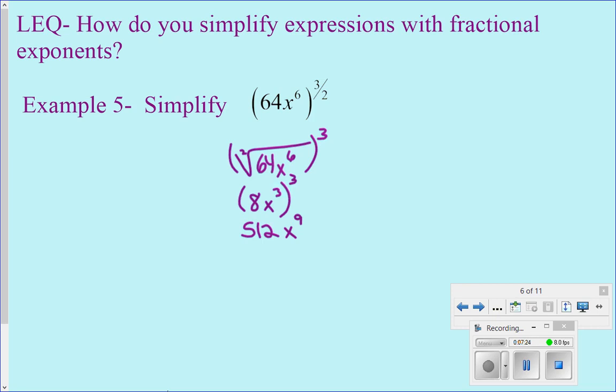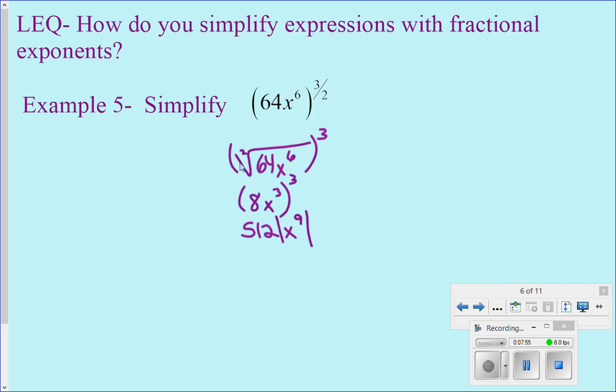Okay, but we need to check a couple things here. So if you recall, in the last problem, I talked about the fact that when it's an even root, you sometimes have to worry about absolute value. And let me refresh your memory on when. So if it's an even root, which this one is, that comes out being an odd exponent, a whole number exponent. If this was a fraction, I wouldn't worry about it. But a whole number odd exponent that came from an even root, you need absolute value around.